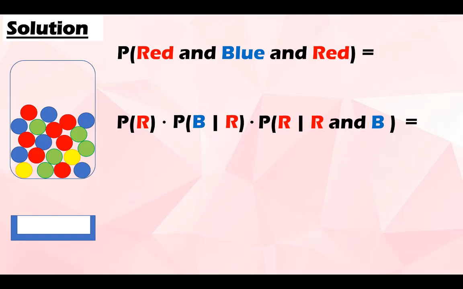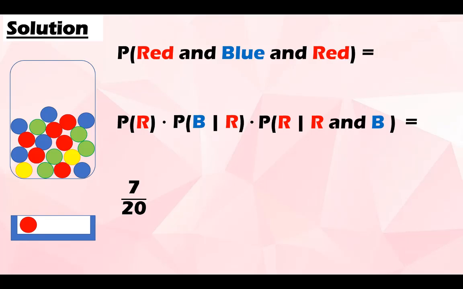So the probability of a red marble, that's not conditional. There are 20 marbles in the jar and 7 are red. So the probability of pulling out a red marble is 7 out of 20. So let's say we pull this marble out right here and set it down on our little tray. Then we go to try to pull out a blue marble.